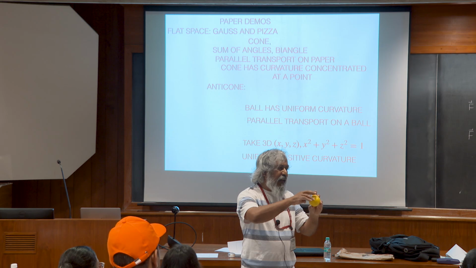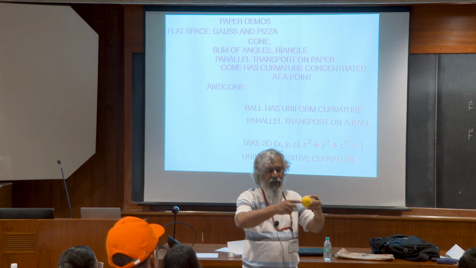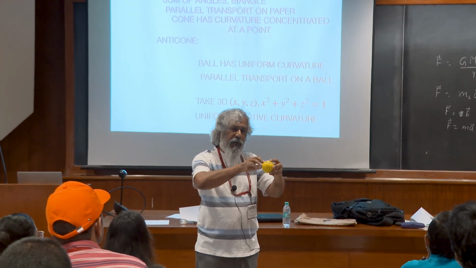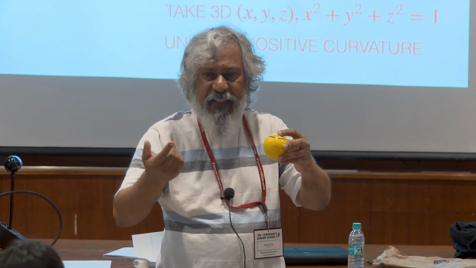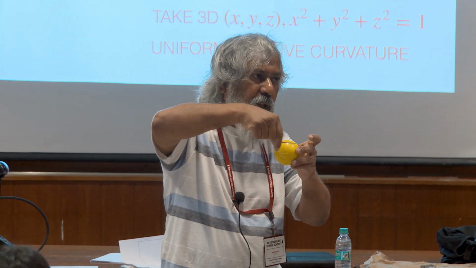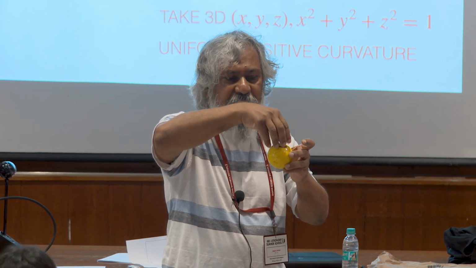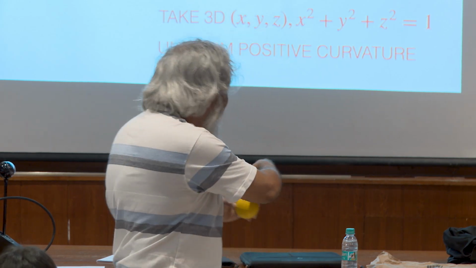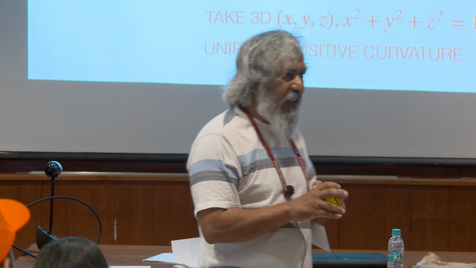If I take 3 points on the Earth, North Pole, Equator, and Egypt, and draw a triangle, I'll find that the sum of the angles is much more than 180 degrees. If I take a circle at the North Pole, along the latitudes, I'll find that the ratio of the circumference to the diameter is less than 1. In the anticone, I'll find it to be greater than 1. All these are ways of characterizing curvature.